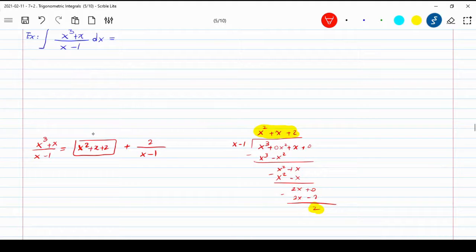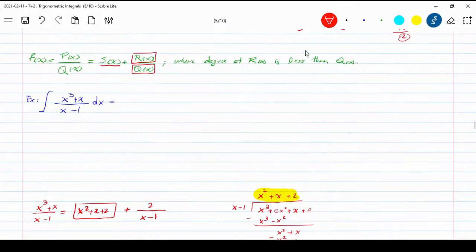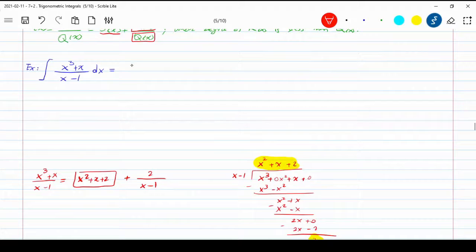Now, if I ask you to calculate this integral, instead of calculating this big fraction, you can simply write it as the integral of x squared plus x plus 2 plus 2 divided by x minus 1 dx. Since we know the power rule, we can calculate the integral of x squared, which is quite easy, x cubed over 3.